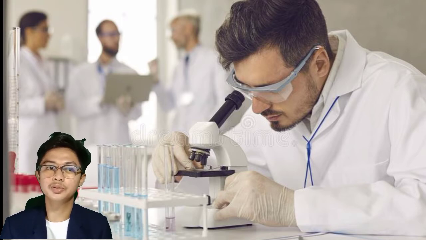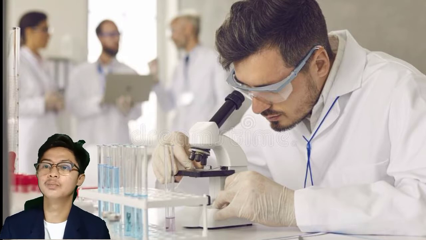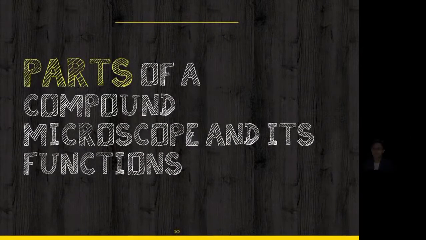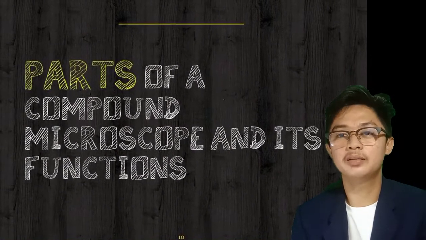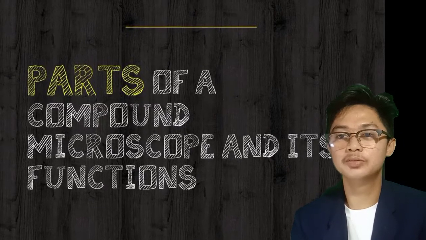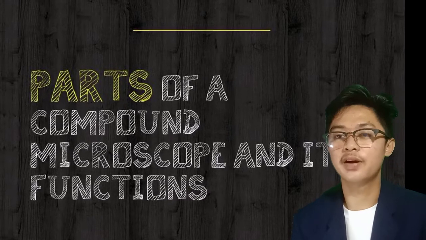Scientists are able to produce efficient and advanced microscopes capable of zooming hundreds of millions of times more than microscopes of the primitive era could. Hence, we are able to achieve new discoveries in the field of molecular biology. You have just learned about the timeline of microscopy. Let us now move on to the parts of a compound microscope and its functions.